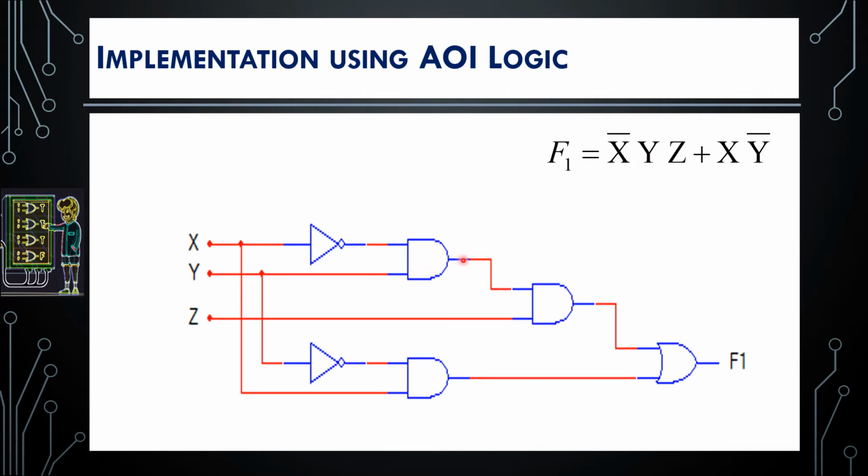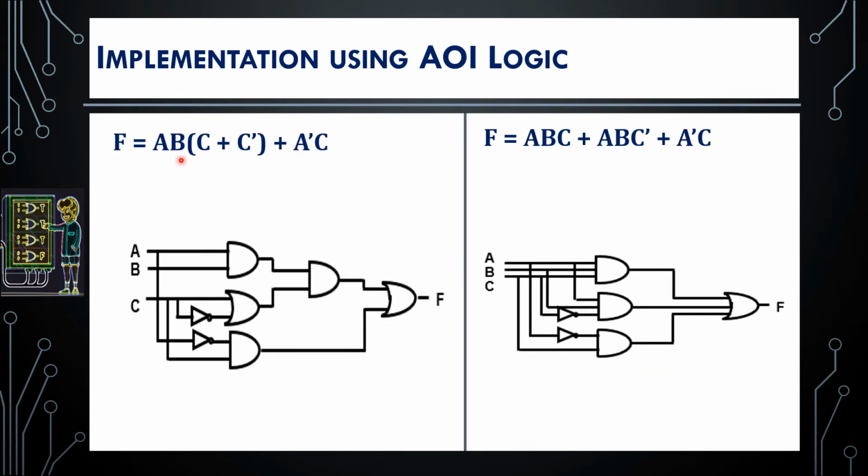The output from this AND gate along with z is connected to the second AND gate. So this gate produces the output x bar y z. And this AND gate produces the output x y bar. The output x y bar from this AND gate and x bar y z are ORed with the help of an OR gate to get the final expression F1.